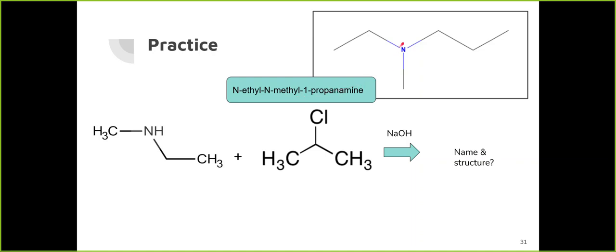And then now you designate anything that hangs off of the nitrogen with an N. So this is N-methyl, because that's a methyl group, and this is N-ethyl because that's an ethyl group. You just alphabetize them so you get N-ethyl, N-methyl. Got it. Thank you so much.